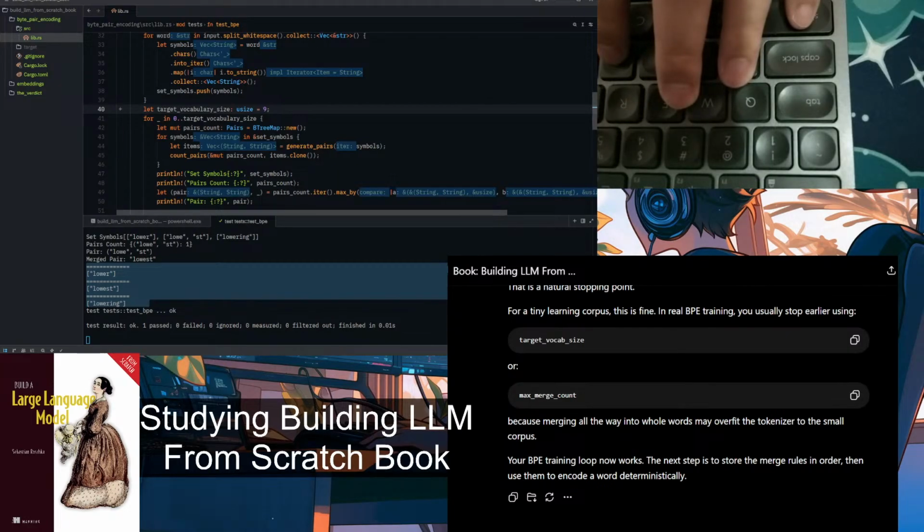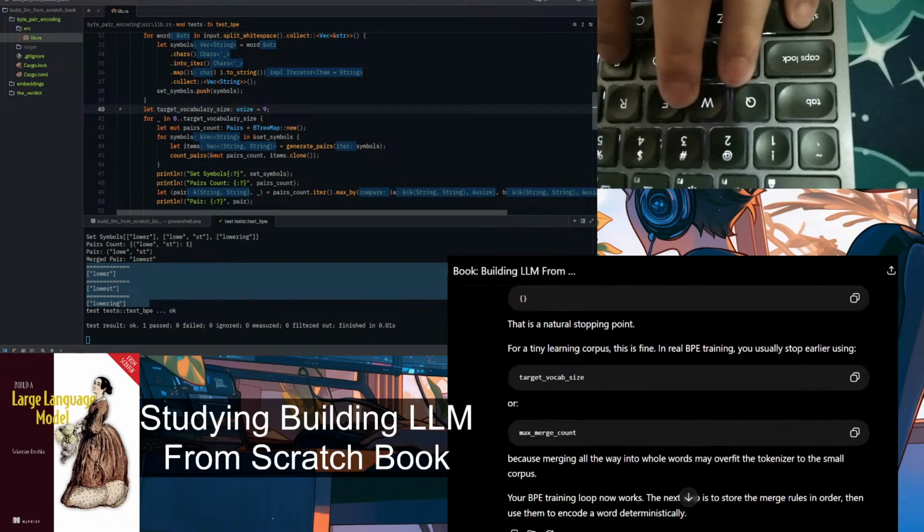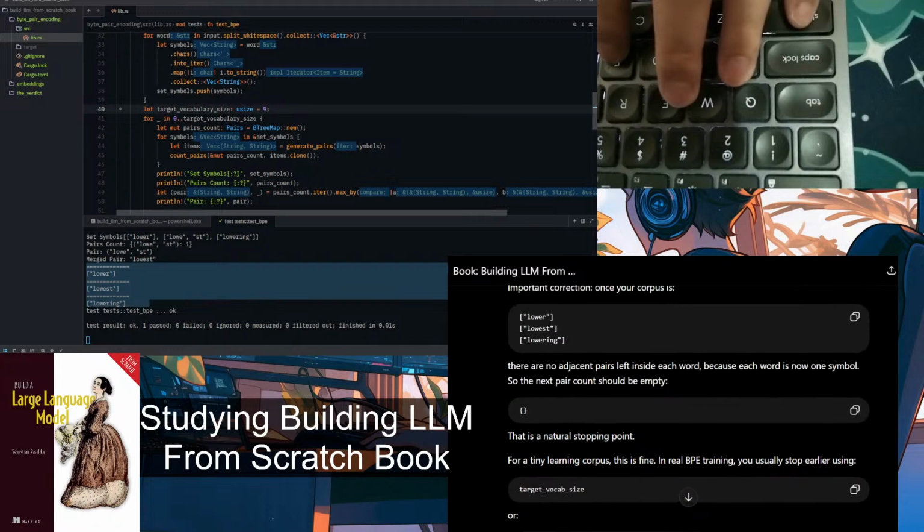I think the tip is you need to have a goal and also always have a plan. So let's say you wanted to learn GPU programming. Try to research what are the topics that you need to learn in order to be able to do GPU programming, something like that.